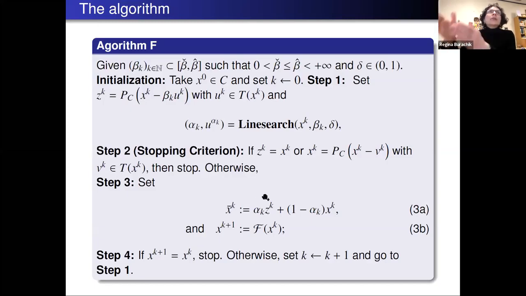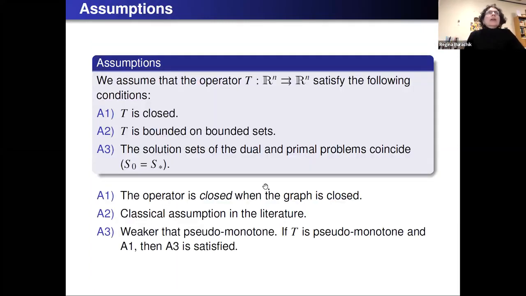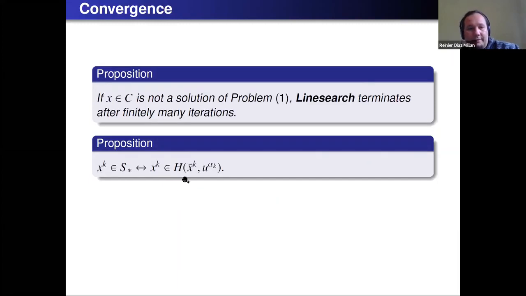So instead of a hyperplane, maybe you have another closed and convex set that contains the solution set and is separated from the iterate. Any set that satisfies these conditions here, it will work.